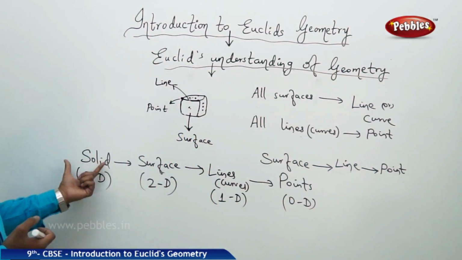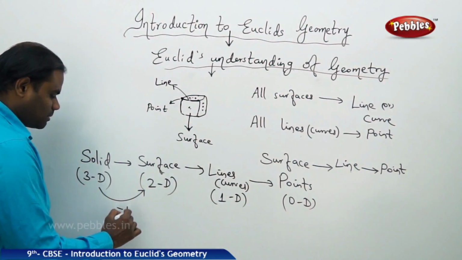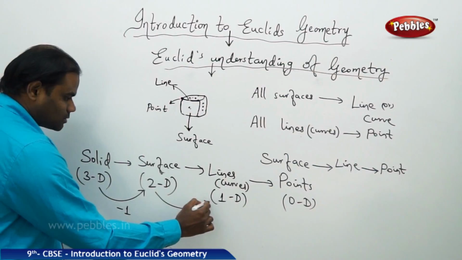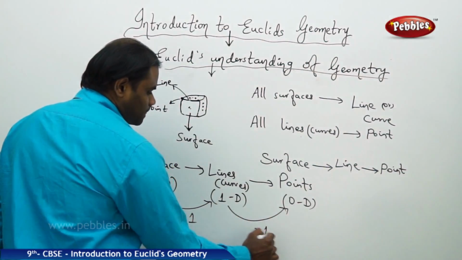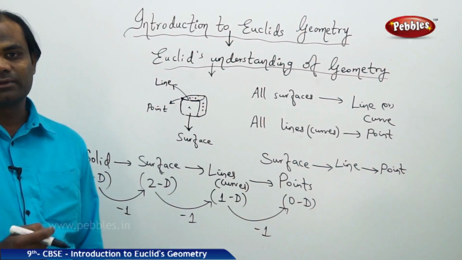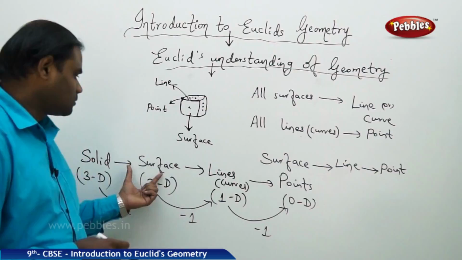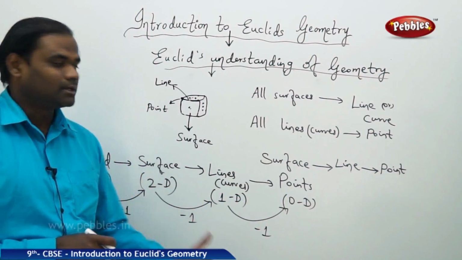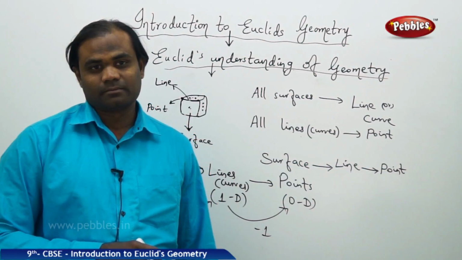The dimension of a solid is 3D, and as it goes here, it reduces by 1 unit, and as it goes here, it reduces by 1 unit, and as it goes here, it reduces by 1 unit. So the dimension of the specimen gets reduced by 1 unit as it gets reduced to a point.